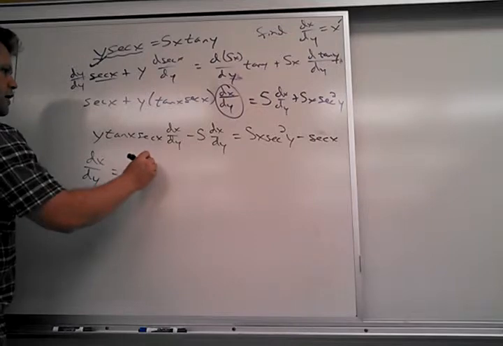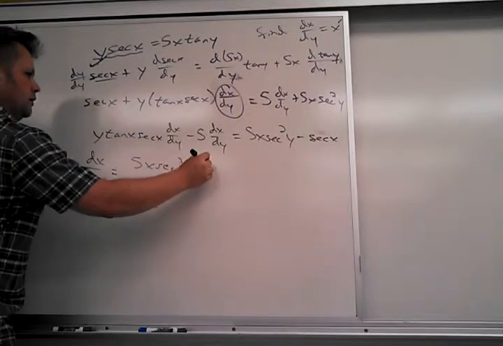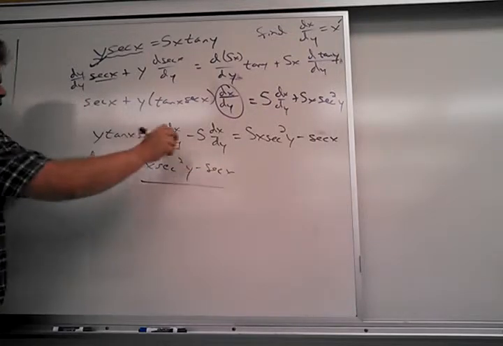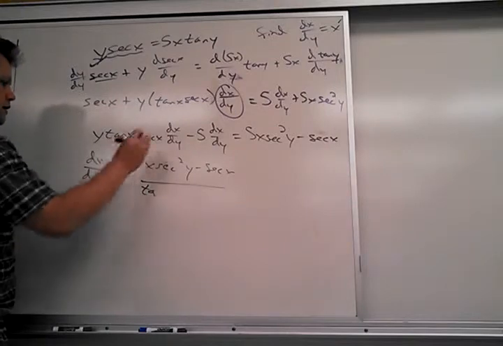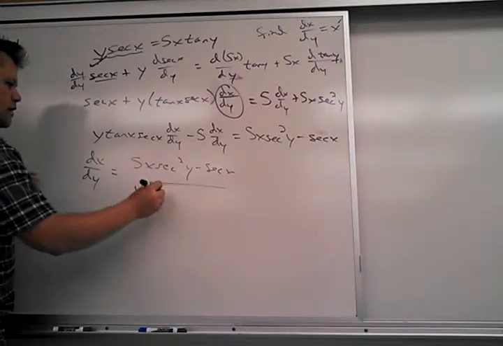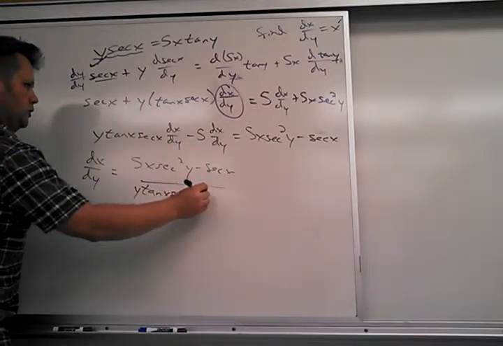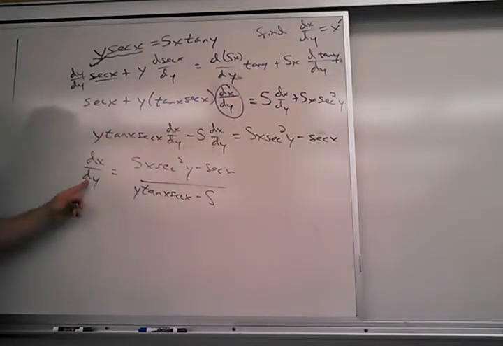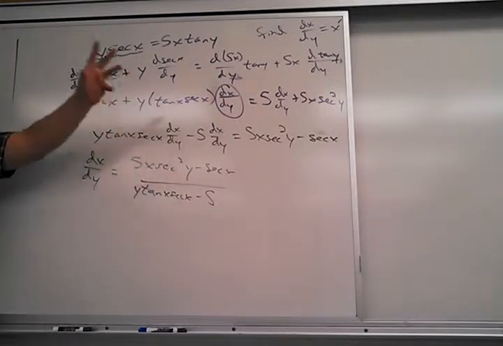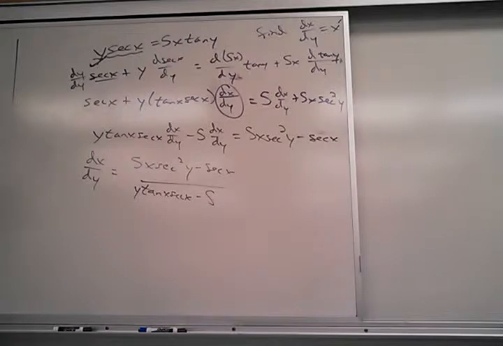And over there I'm going to be left with 5x, all that stuff on that side, divided by what I would get after taking dx dy out. Are you guys cool with this? Take that out, bam, divide by the crap that's left. That's the process. If you've done any of these problems, that's pretty much the last couple steps.